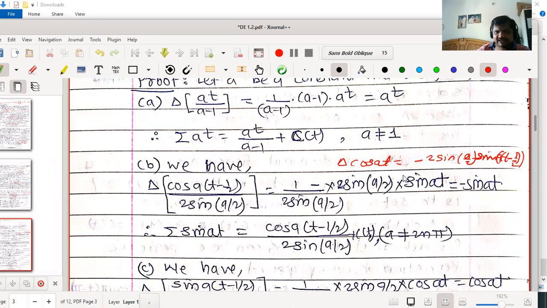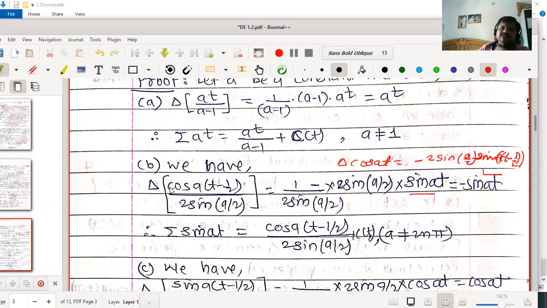So what will happen here? Only you want to replace t minus 1 by 2 by t here. So 1 upon 2 sin a by 2 into minus 2 sin a by 2 into sin at becomes, if I replace t minus 1 by 2 as t, it will be your sin at. Now this 2 sin a by 2, 2 sin a by 2 cancel. We get only minus sin at.